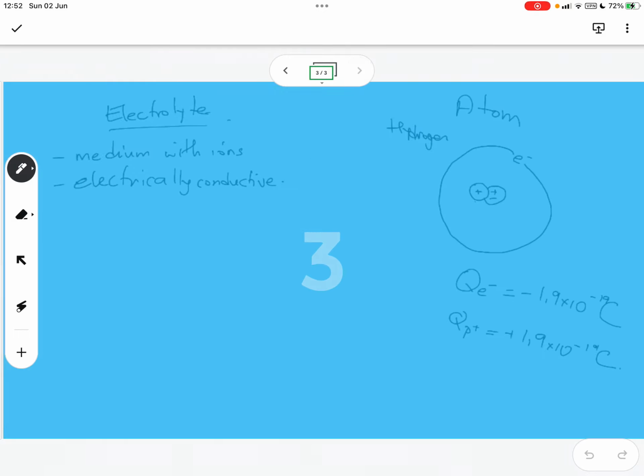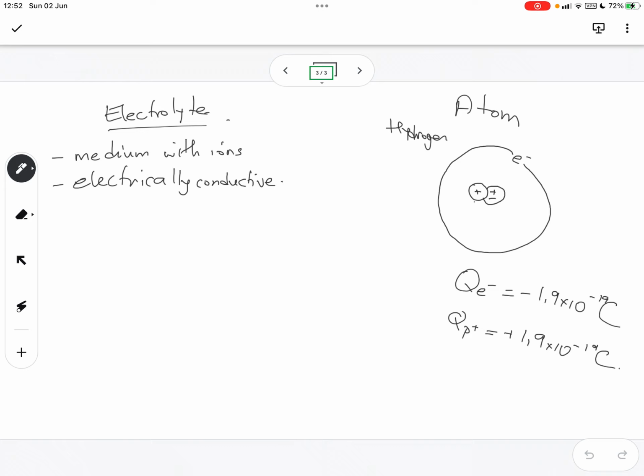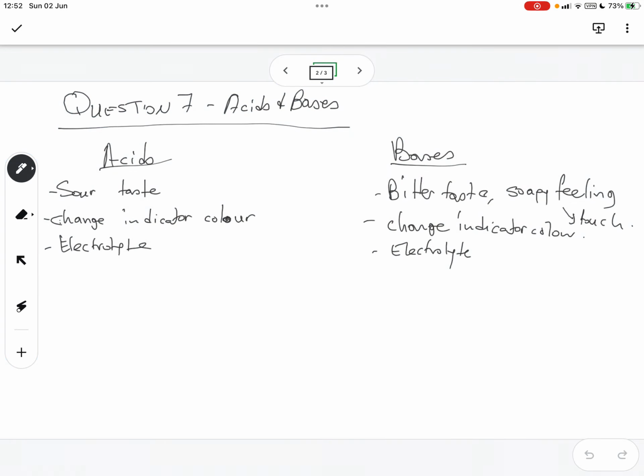So we took it from the concept of the atom to where electrolyte comes from. Electrolyte comes from the fact that every atom has electrons, so it is able to transfer some kind of charge. I also wanted to share that the same electrons govern how and why atoms bond with one another, because one would be willing to receive an electron and another would be willing to donate it.